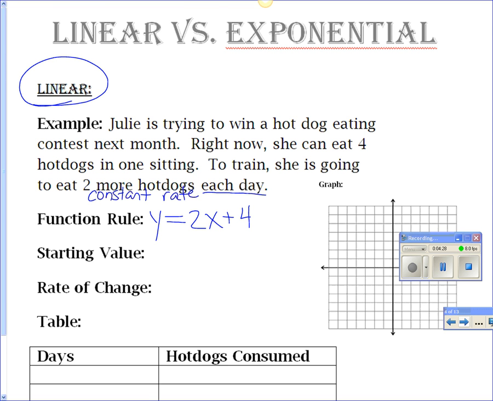Okay. All right. What's the starting value right here? 4. And what is the rate of change? 2. It's always going to be 2. She's going to eat 2 more hot dogs tomorrow, on Wednesday, on Thursday, on Friday. The rate of change is constant.